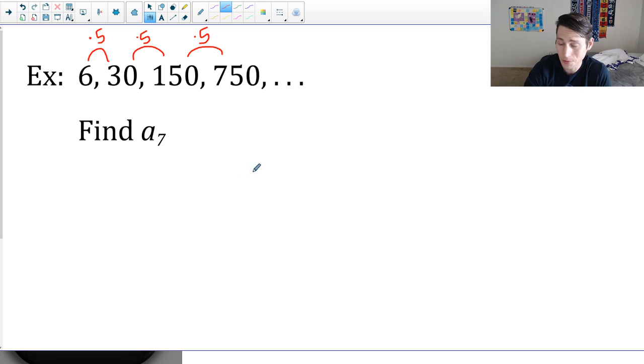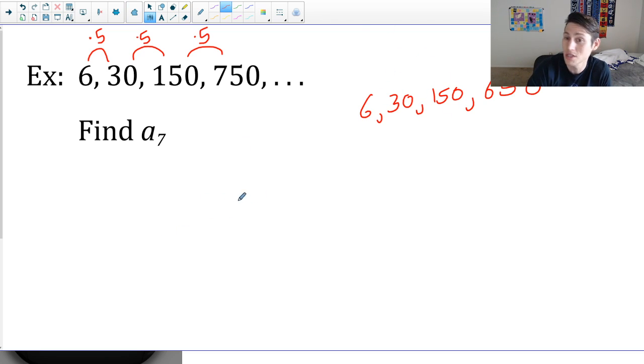Now do be careful, because sometimes you'll encounter sequences that appear to be geometric or appear to be arithmetic but aren't actually. So maybe you get something like this, where if you look at these, you're like, oh, times 5. And then you look at these and you're like, oh, times 5. And so you're like, oh, this must be geometric. It's just times 5 for everything.